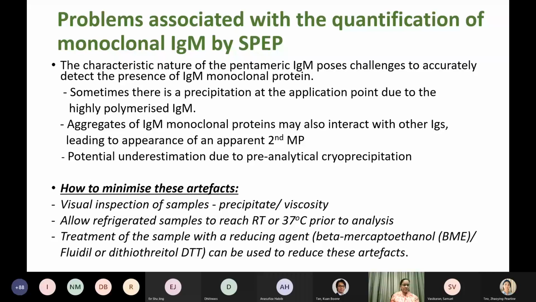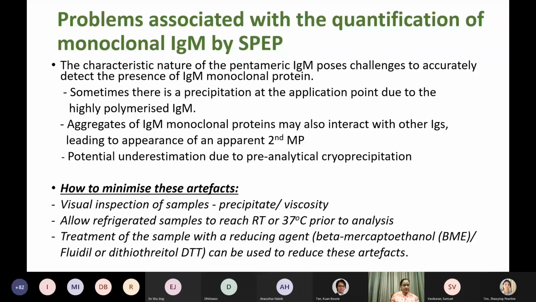Can we identify and minimize these effects? Sometimes you can see a precipitate in the sample, or the serum can be viscous or cloudy, especially when the sample is stored at 4 degrees. If you see something like that, it is important to allow these refrigerated samples to reach room temperature or 37 degrees prior to analysis.